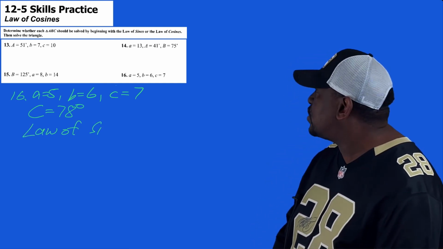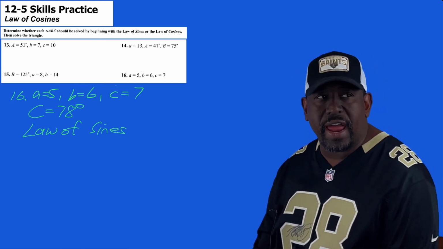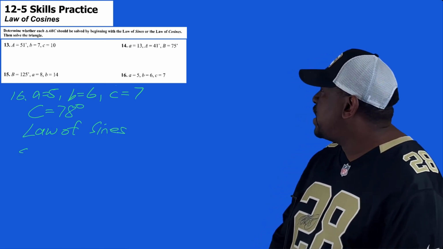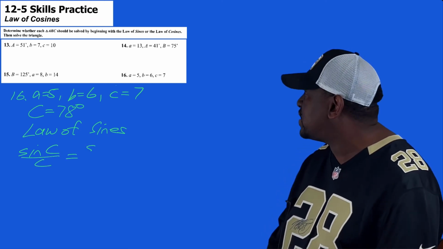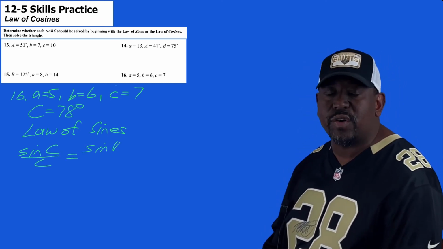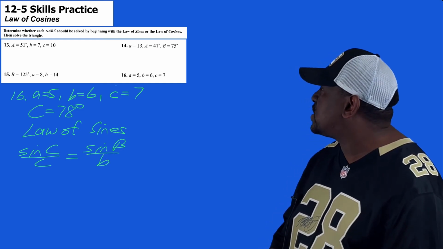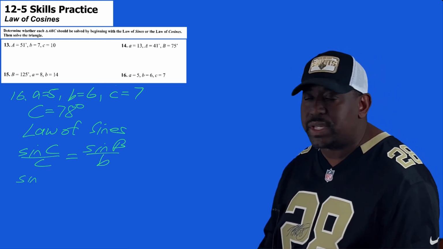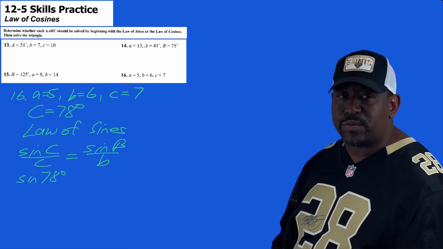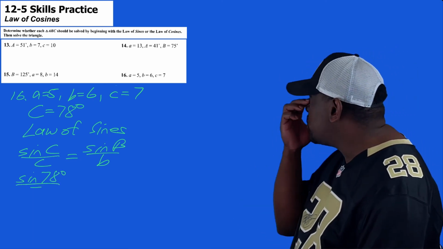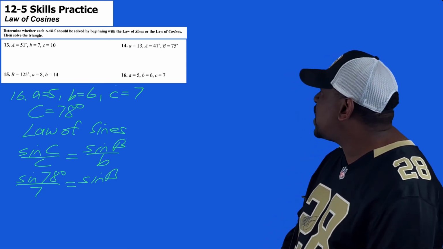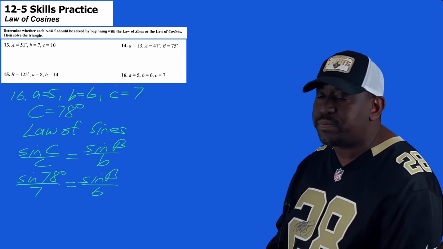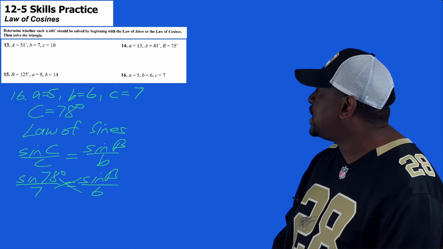Now we got to get either angle B or angle A. And so we can use the law of sines because we have angle C and side C. So we will put sine C over side C is equal to sine B over side B. So we substitute the 4 known quantities and we solve for the unknown, which is angle B. So we have sine of 78 degrees over 7 equals sine B over 6.